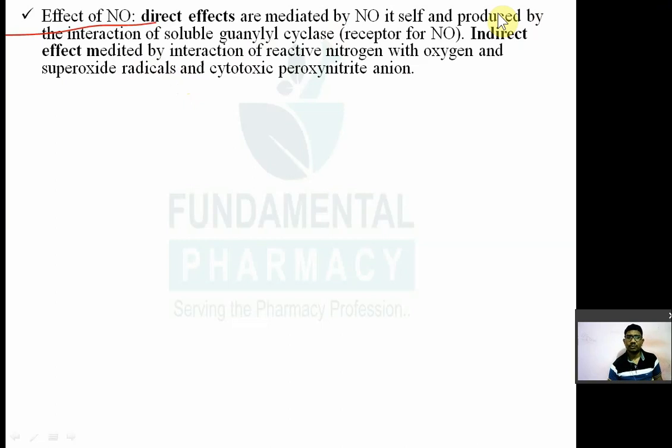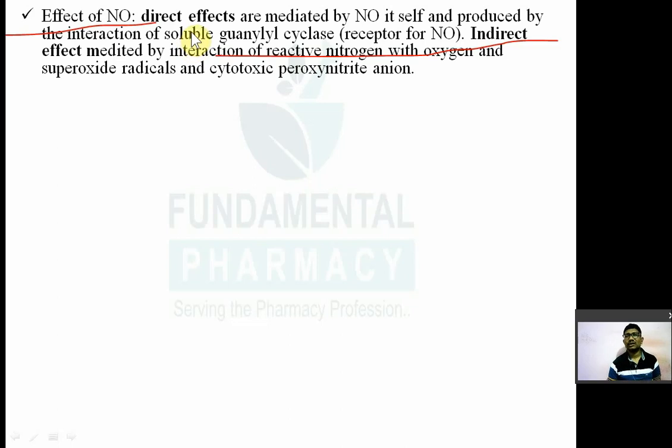So first one is the direct effect. So direct effect of nitric oxide, which is mediated by itself. Whatever nitric oxide is there, it will get entry into the myocardial cell. It will increase the concentration of cyclic GMP by interacting with the guanyl cyclase.